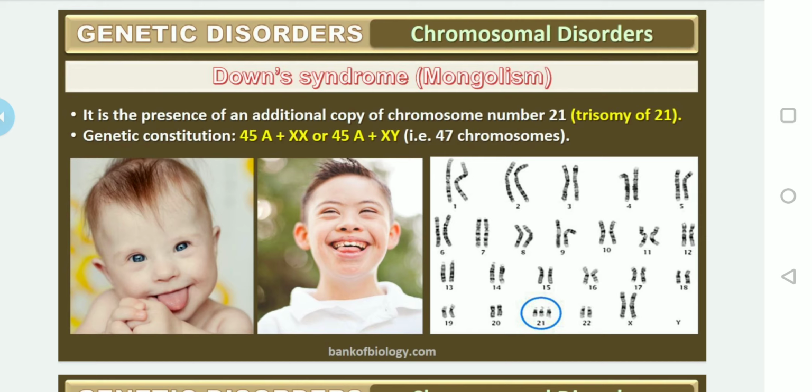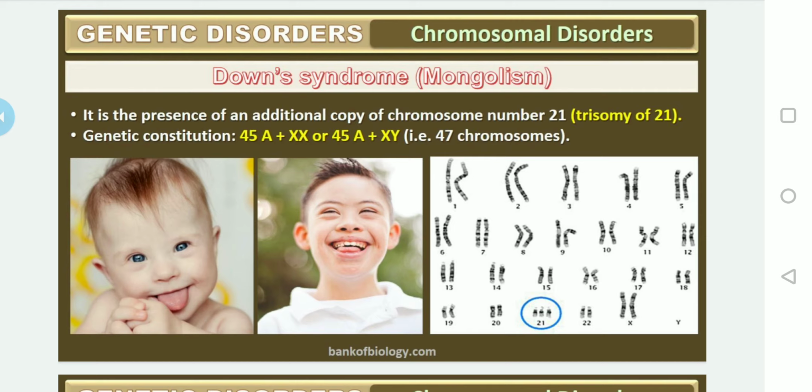Down syndrome is the most familiar autosomal abnormality in humans. If you observe the children's photograph given in this slide, it was first noticed by a British physician, Langdon Down, who discovered this type of abnormality, Down syndrome, in 1856.